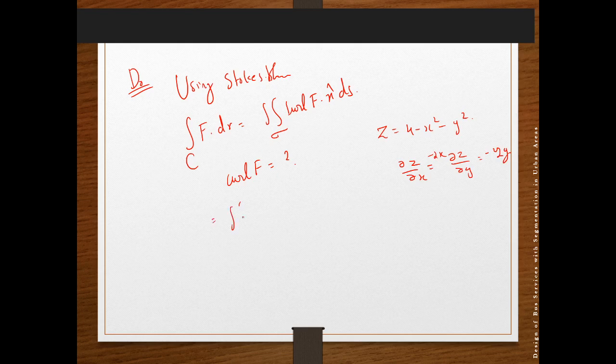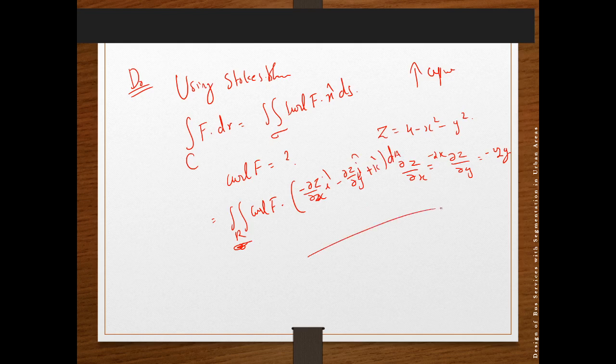And this integral you will get as the integral over R of curl F dot, since it is oriented upward, the formula is minus dou z by dou x i minus dou z by dou y j, and since it's oriented up, plus k. So now you find this and you will get the same answer.